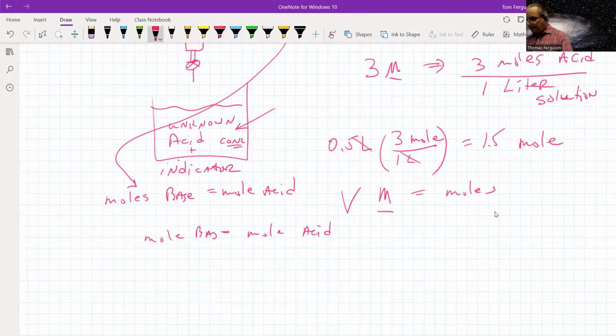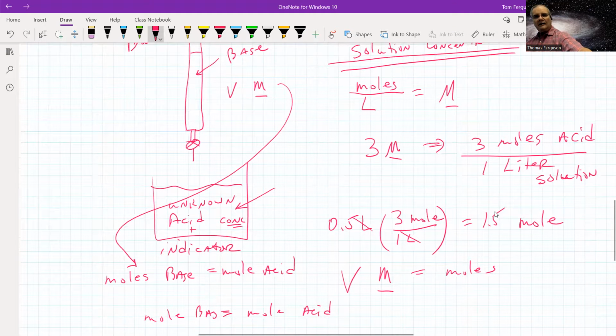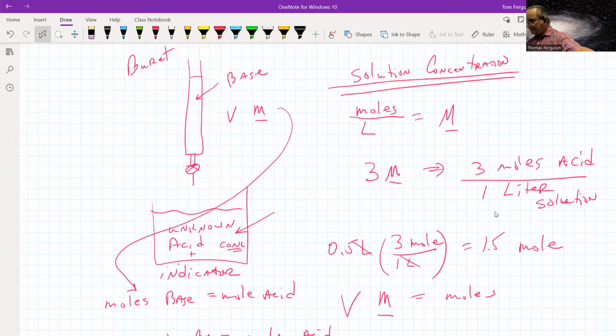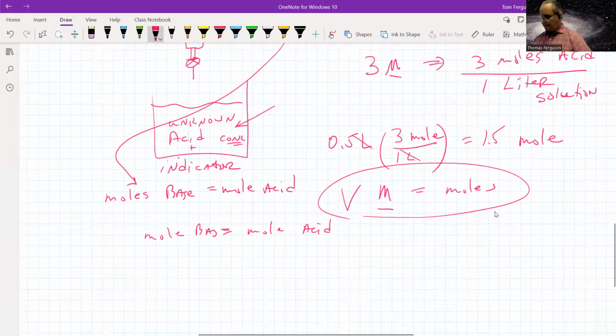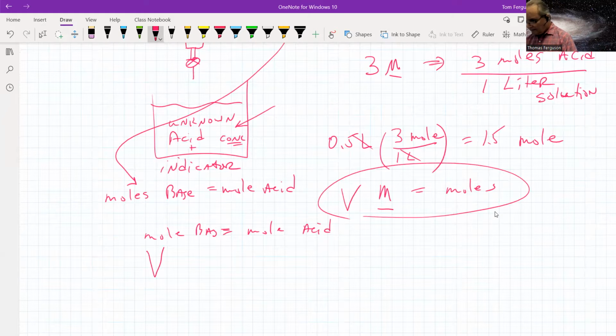So at pH 7 or neutrality, that's what we end up achieving because our indicator told us that. So moles, remember over here, we can substitute.